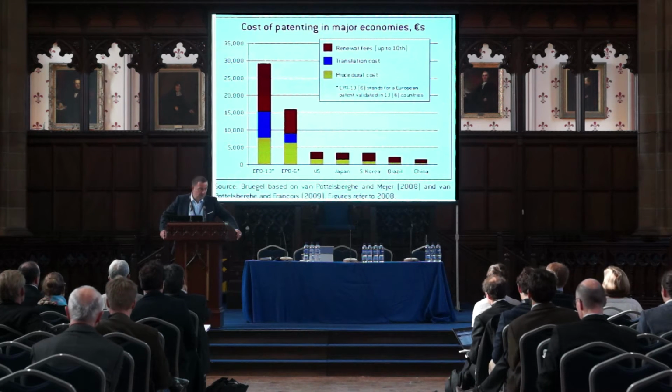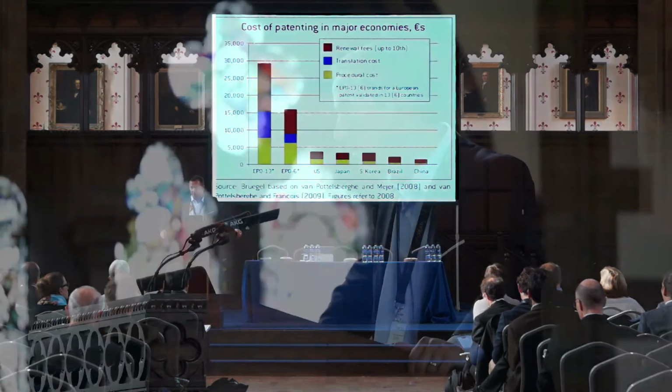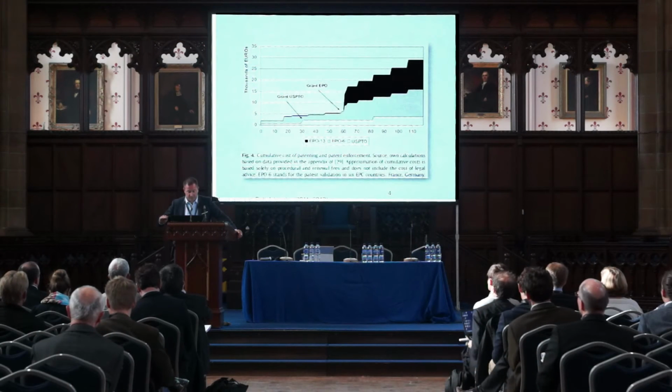And this might be an important explanatory factor of the result of Brown-Winn. When accession countries enter the European Patent Convention, this is the picture they see. And of course, when you look at their GDP per capita, they have fewer resources to enter into that system, which is already complex. So the consequence, this is another picture, is the evolution of cost of the current system compared to the USPTO.